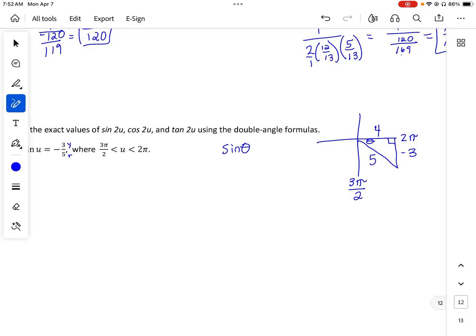What might help us is going ahead and finding sine theta: negative 3 over 5. Cosine theta is 4 over 5. Tan theta is negative 3 over 4. Now that we have the basic ones, we can do the 2 theta. We'll start out with sine 2 theta. It says u, so we're going to use u.